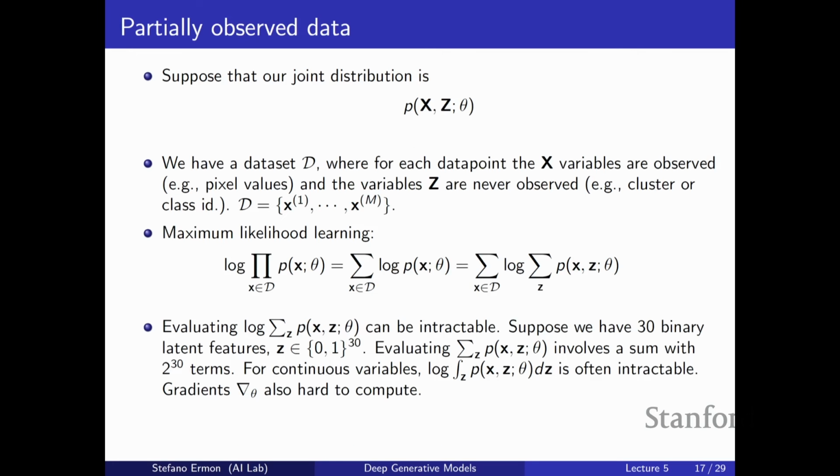Yeah, so I guess there are two answers there. Sometimes you get to see the Z values, maybe you have an annotator willing to label these things for you. It's not hard to modify this learning objective where, when you know the value of that variable, you don't sum over it, you just plug in the true value. And so you can do some kind of semi-supervised learning where sometimes this variable is observed and sometimes it's not.